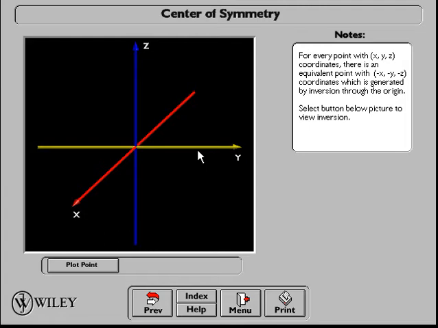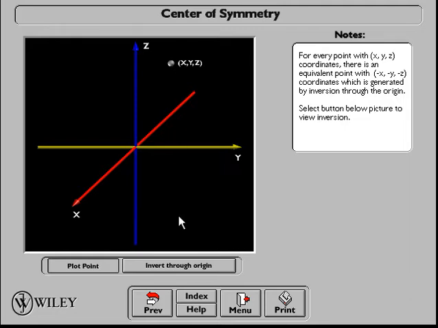So here we have for every point with x, y, z coordinates, an equivalent point with minus x, minus y and minus z coordinates, which is generated by inversion through the origin. Here we have a point with the coordinates x, y, z.